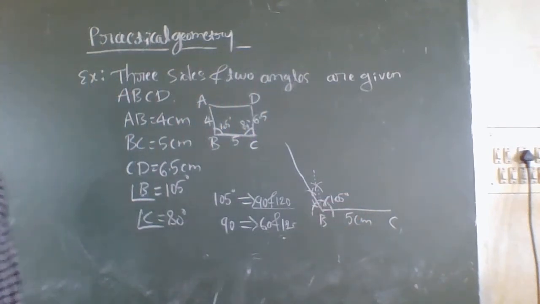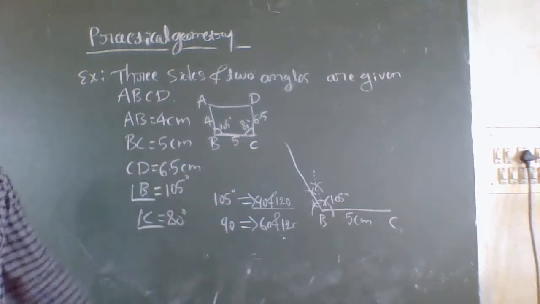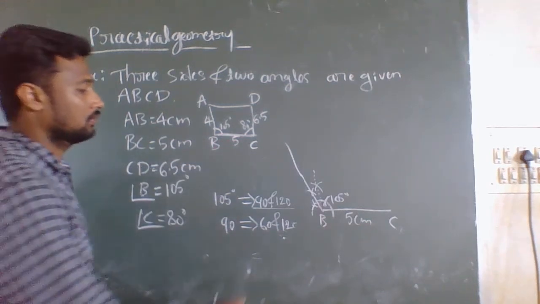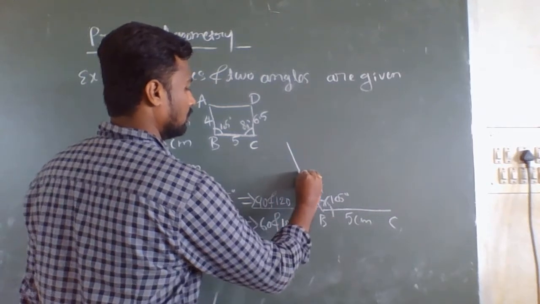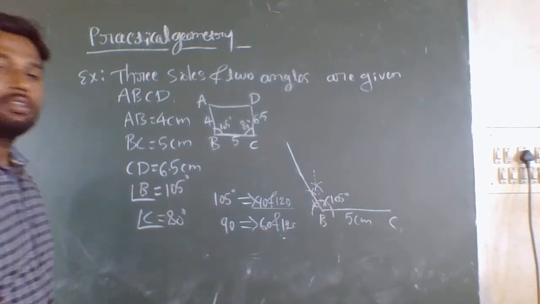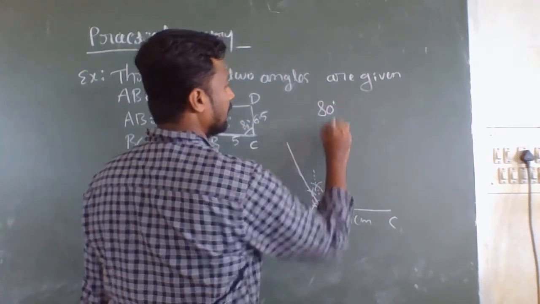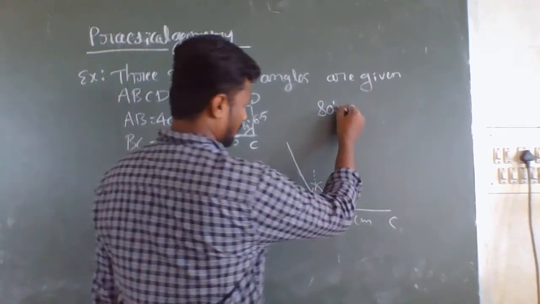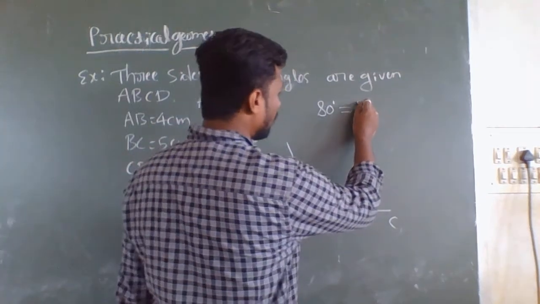Now here it is 80 degree. By using compass, you cannot construct 80 degree because 80 degree is not between any of the two angles that we know how to construct.